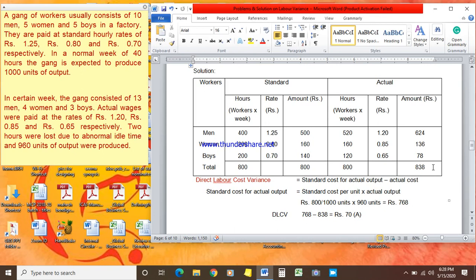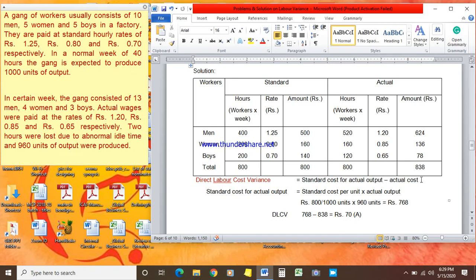Now the total number of hours put in under normal conditions by these people is 800. This is the standard for all 3 classes of workers together, and if you calculate the actual, they also worked 800 hours. Now, when calculating the direct labor cost variance, as per the formula, it is standard cost for actual output minus actual cost.